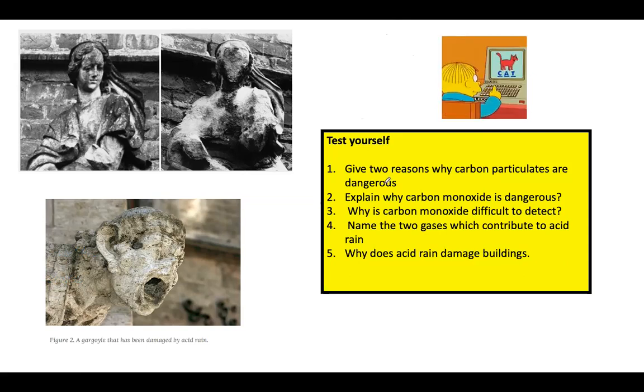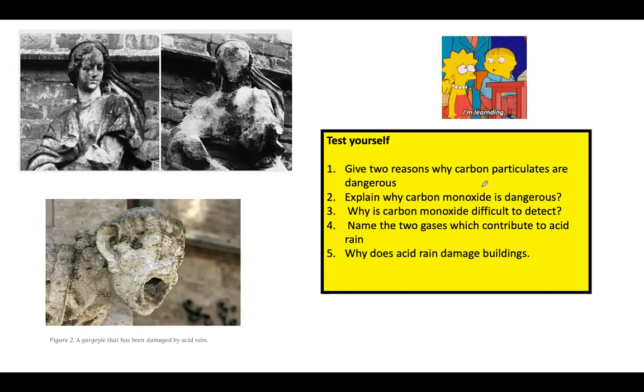Pause your video. Okay, so give 2 reasons why carbon particulates are dangerous. They cause global dimming, so you get less sunlight reaching the surface of the Earth. And also carbon particulates can damage your respiratory system.